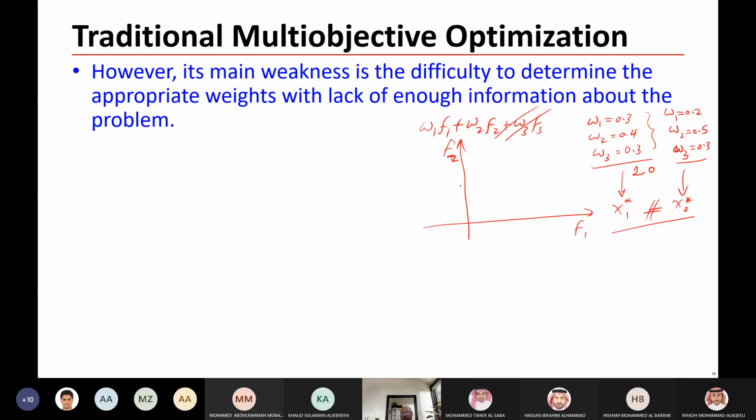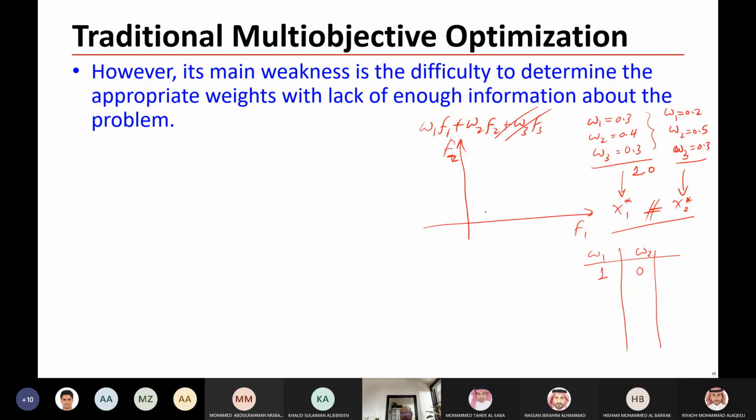We can create a table for W1 and W2. We can start with W1 equal to 1, then W2 equal to 0, as if we are minimizing only the first objective function.